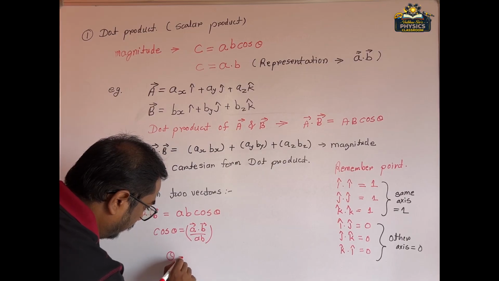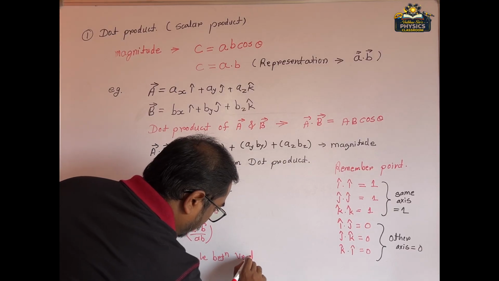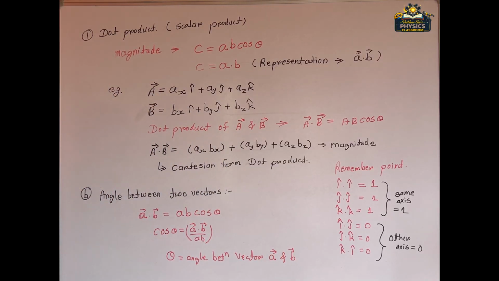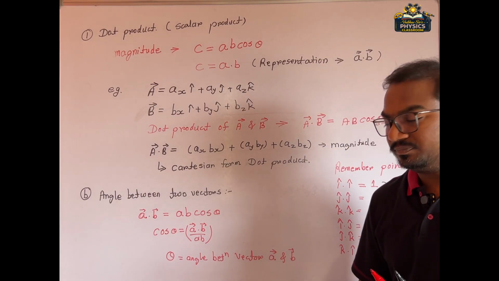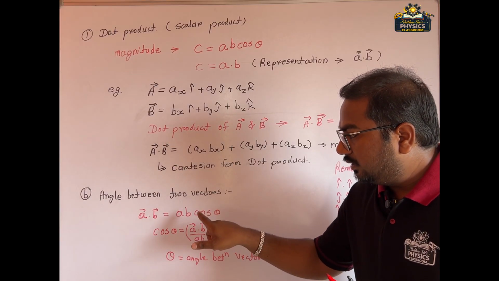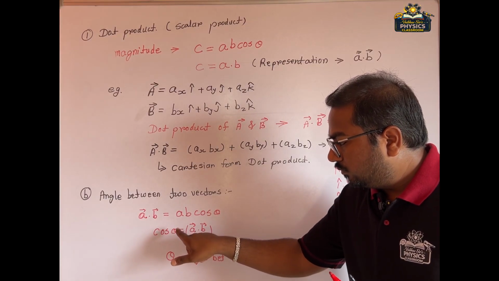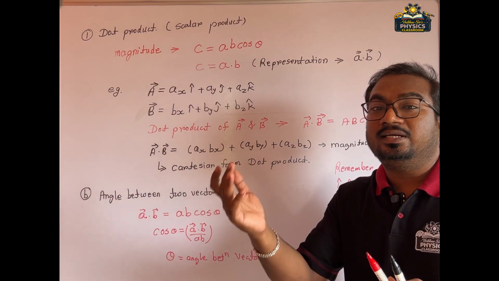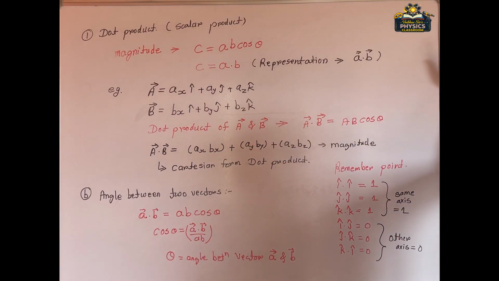So this theta is the angle between vector a and vector b. With the help of this, we can get the angle. If I get the angle, we can get the resultant vector. Or if I want to project one vector on another vector, we know what is the direction of the other vector. We can find the direction of the other vector also.